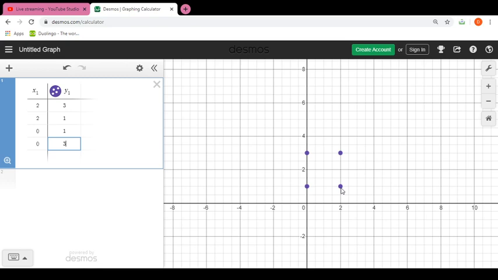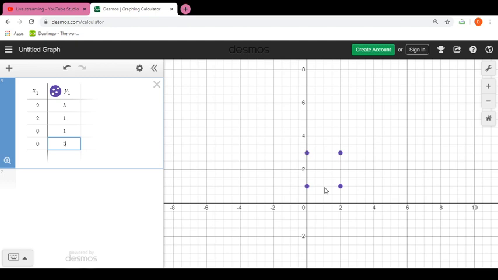So the figure is a square of side 2. So area will be 2 into 2, 4, and perimeter is 4 into 2. 2 plus 2 plus 2 plus 2 will be 8. Perimeter is 8 and area is 4. Right?